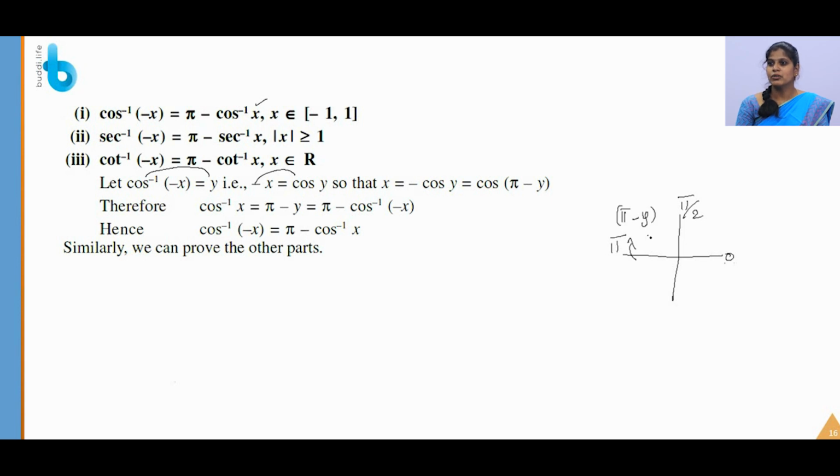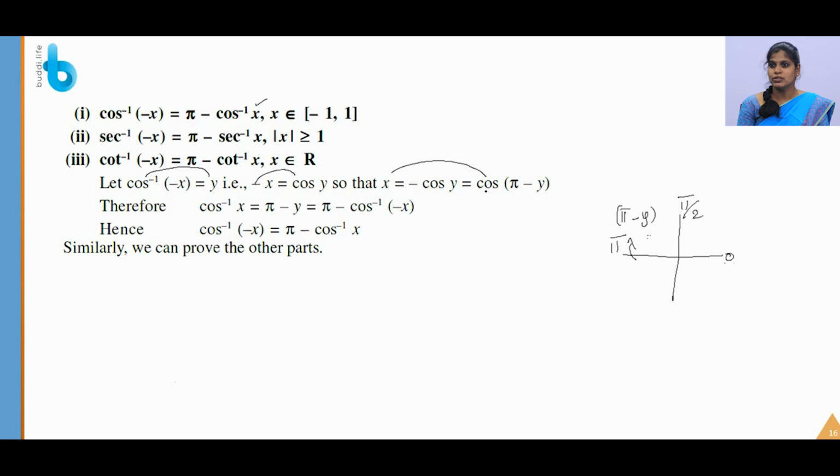But here only sine and cosecant are positive. Other trigonometric functions are negative. So, if cos comes here, cos will be negative here. So, minus cos y you can write as cos of pi minus y. So, x equal to cos of pi minus y we have.